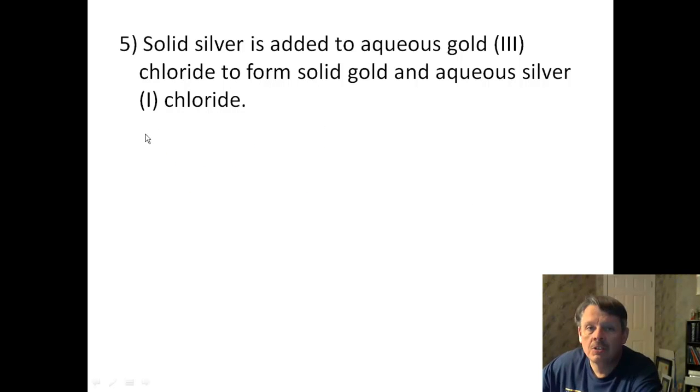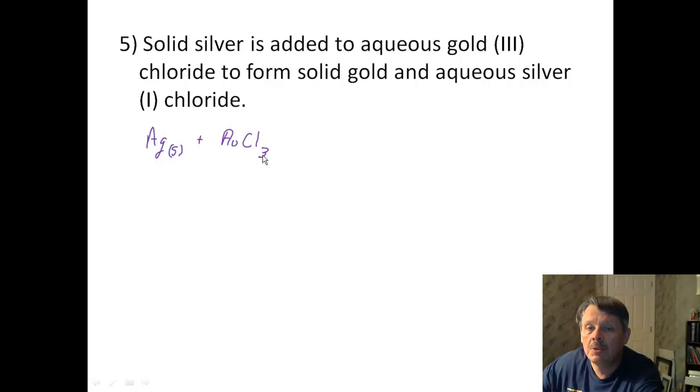Solid silver. I wish I knew why it did that. Solid silver, Ag, which is solid, is added to aqueous gold 3 chloride. Gold is Au. Chlorine is Cl, but it's Au3, and chlorine's -1.